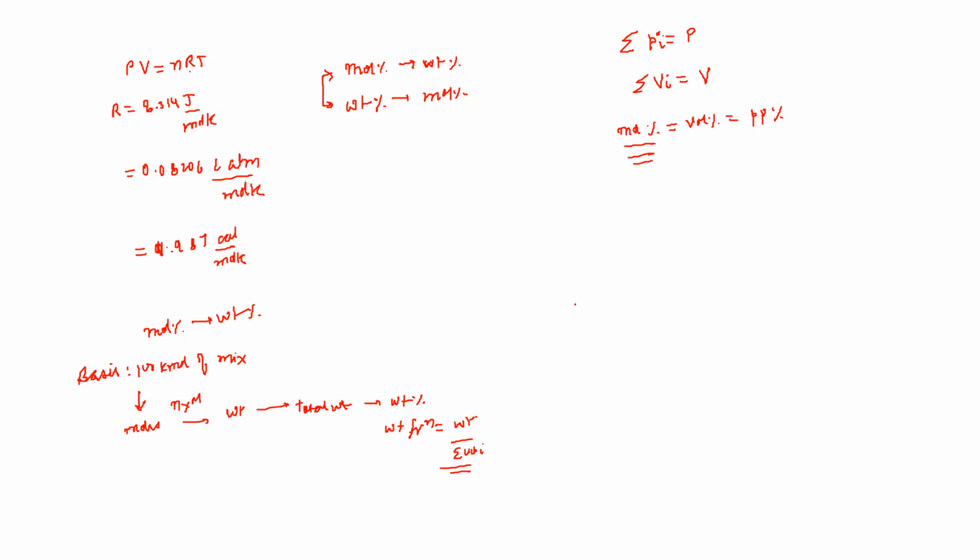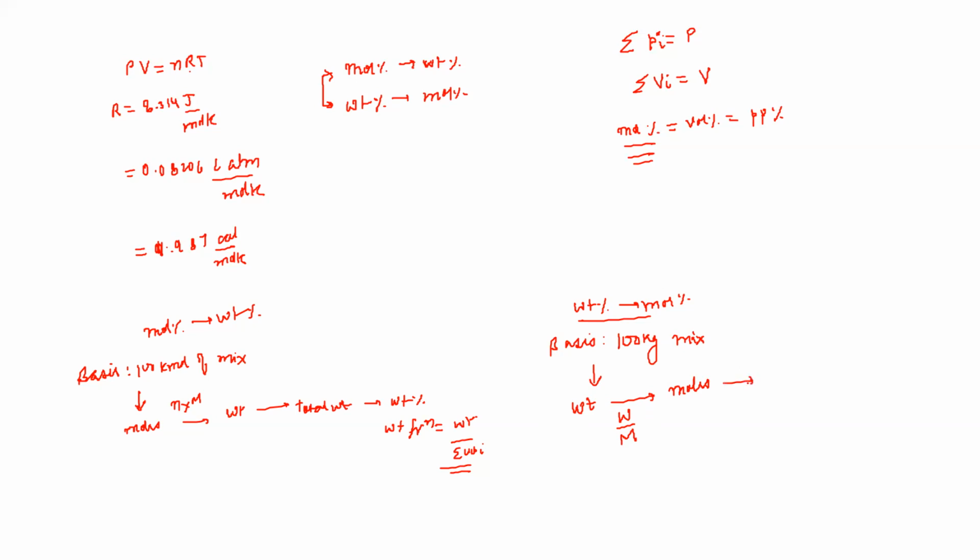After that, to convert something from weight percent to mole percent, we studied that the basis in case of weight percent is 100 kg of mixture. Using that, we get the individual weights. From the individual weights, we get individual moles, because weight upon molecular weight gives us the number of moles.